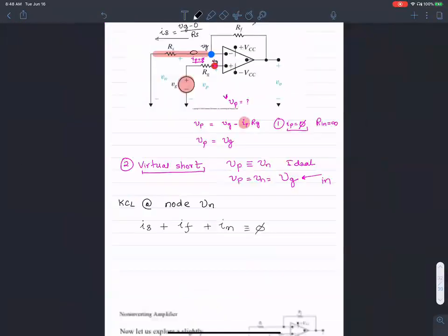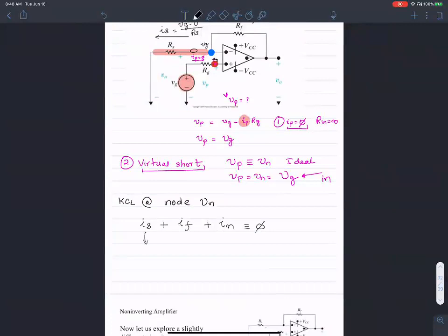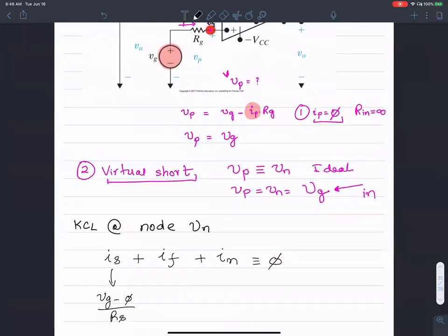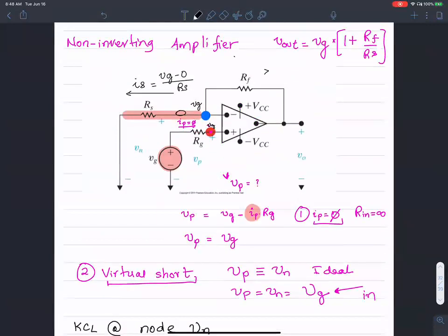So IS is going to be written as VG minus 0 over RS. And IF, the current IF that's leaving in this direction, is this voltage, which is VG. So IF is VG minus the output voltage.